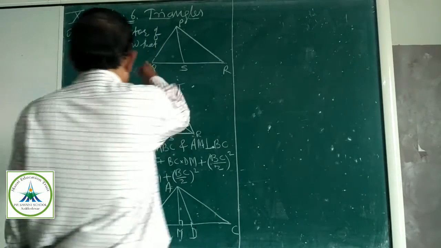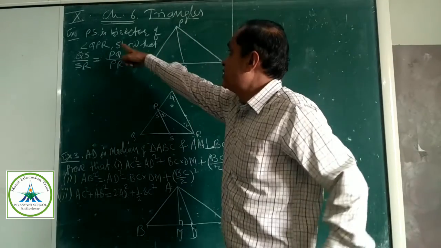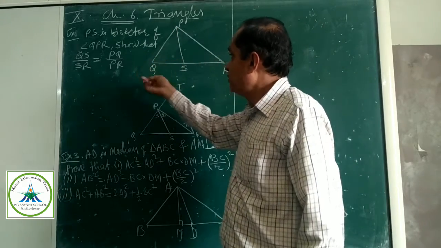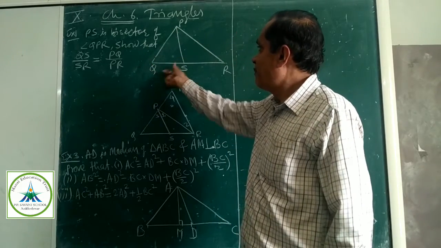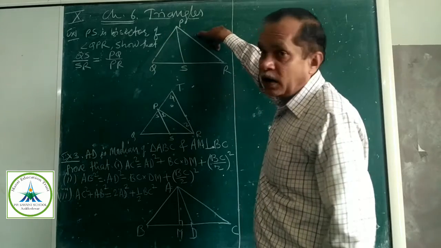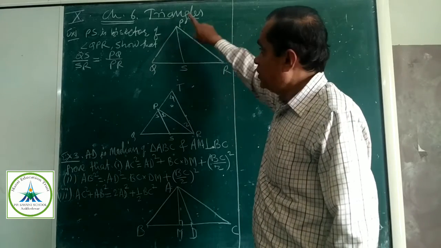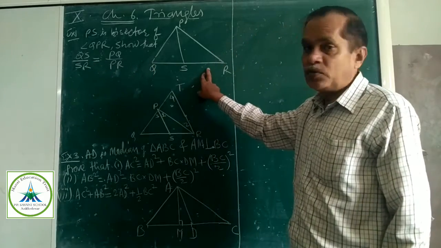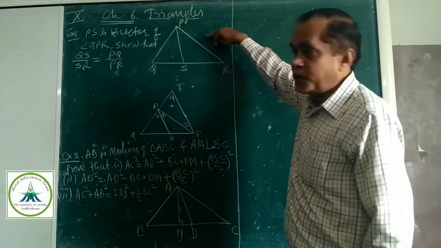See, look here, the first example I am taking: PS is the bisector of angle QPR. We are trying to show that QS upon SR equals PQ upon PR.